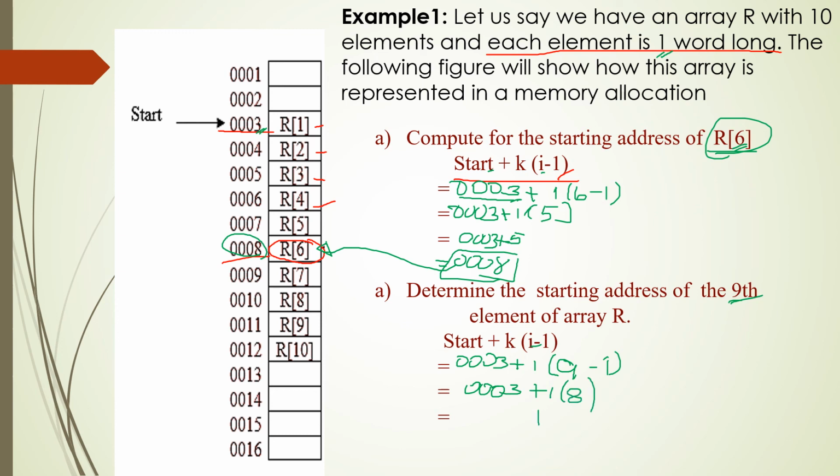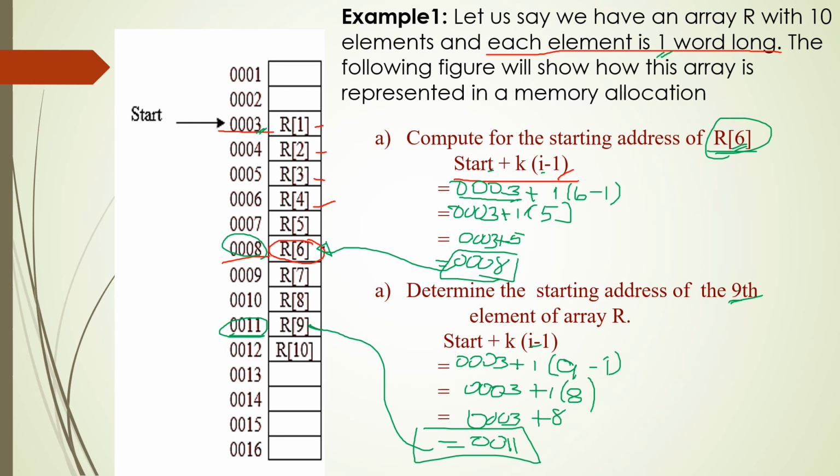Tsaka muna natin i-multiply yon. So, 1 times 8 is 8 plus 0003 is 0011. So, tama ba? Our R sub 9 is located at 0011. Okay?